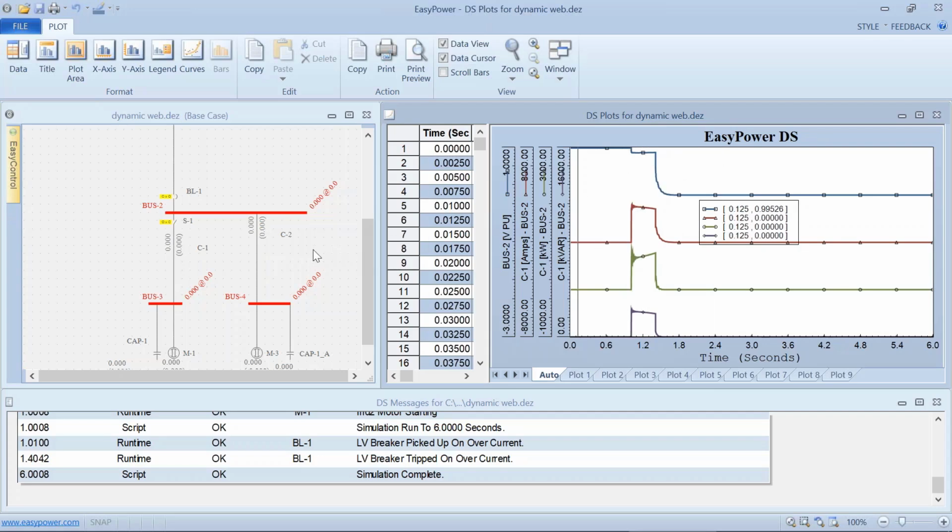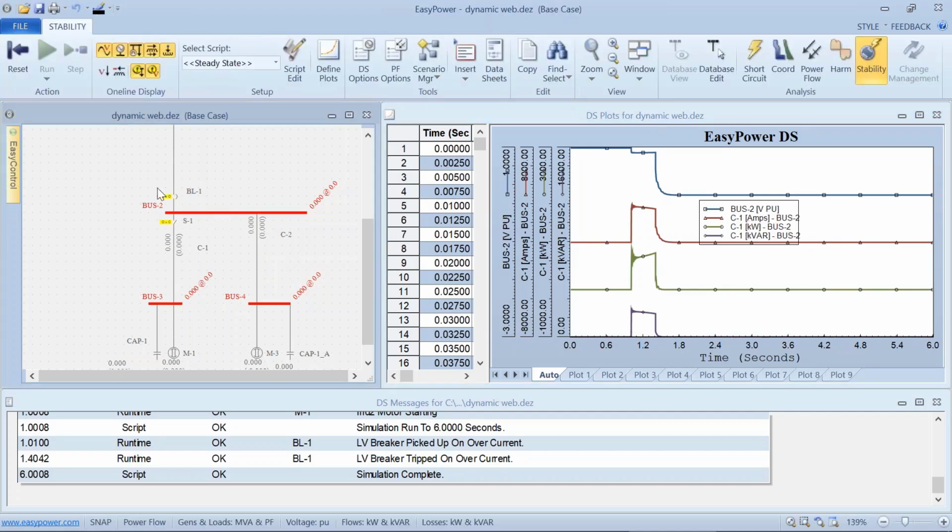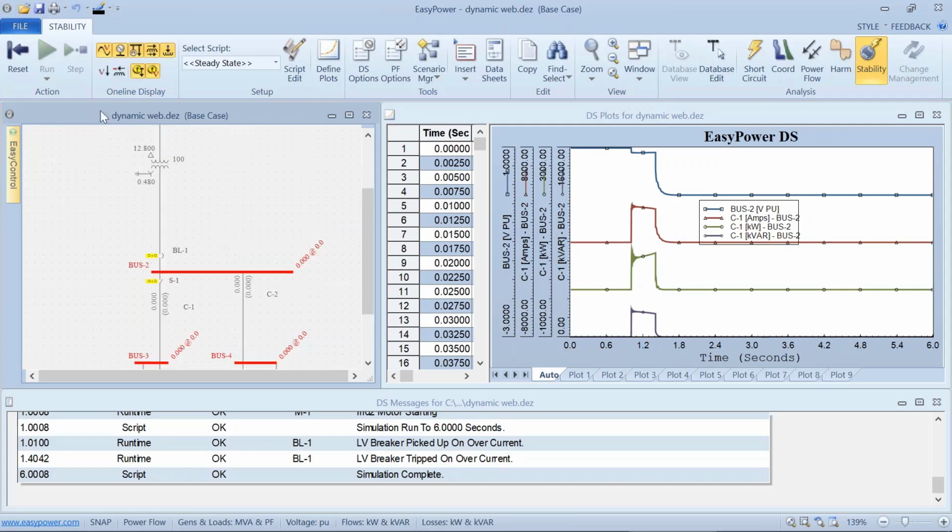Well, that was the other thing I wanted to look at even in power flow, is that my bus in normal operations drops to less than 88% voltage. Oh, my breaker's picking up. That's what the problem is.